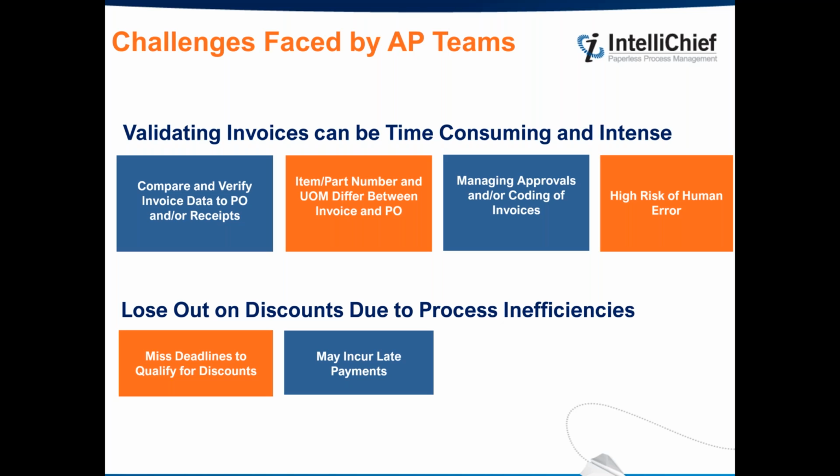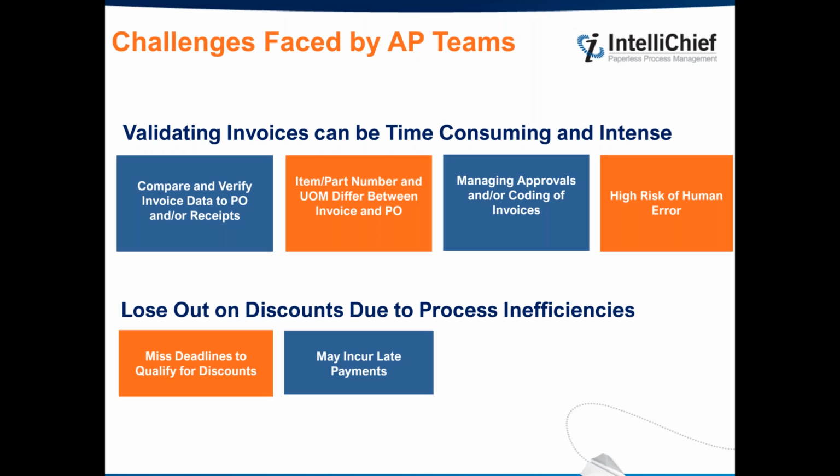Okay, so that's one of the things that comes up. Unit of measure conversions, where your ordering unit of measure is different than your invoice unit of measure, is a big one. Approvals, so typically folks who have expense invoices and multiple locations, that comes into play, where you're having to have remote coding of invoices or remote approvals, and or high human error risk.